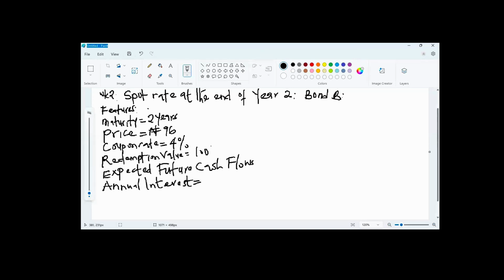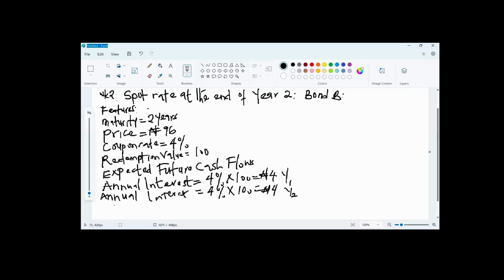In this case, we shall select 100. 4% of 100 naira, how much, please? That should be 4 naira in year 1. Then annual interest again, because this bond is for 2 years. 4% of 100 naira will also give me 4 naira in year 2.